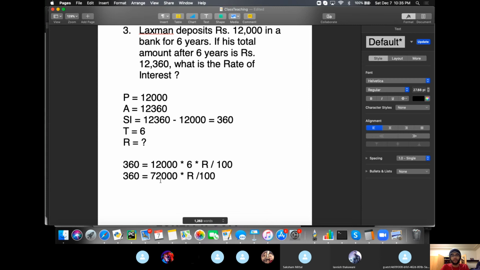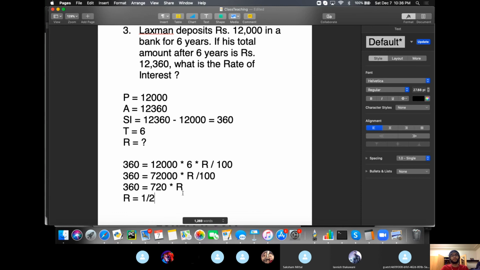So we can do the division here. This becomes 360 is equal to 720 times R. So R becomes half.